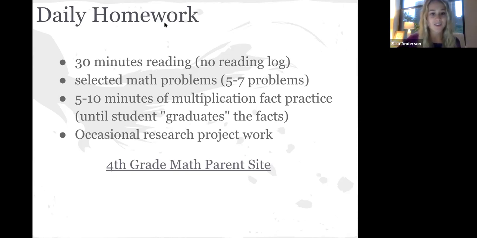So check that out in there, which we'll be introducing to them. And occasionally your child might have a research project to work on for our problem-based learning. If you need this site, the 4th grade math parent site, it's very helpful, has a lot of tools that can help you help your child at home.